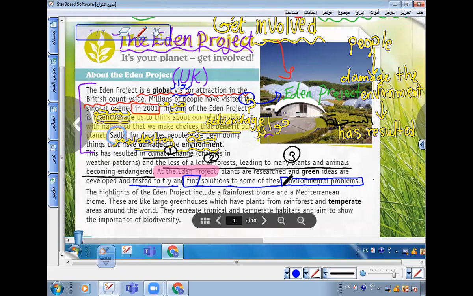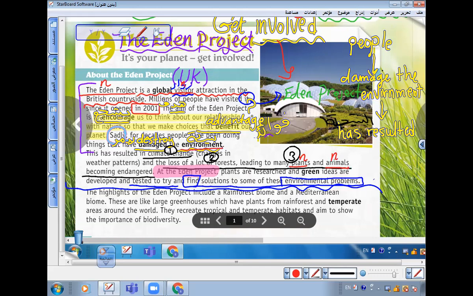Is it clear؟ طيب. If I ask you, from these paragraphs number 1 and 2, who can find out an example about noun? Yes. Eden project. Noun. What else? Visitor. Noun. Animals, plants. Excellent. Yes.